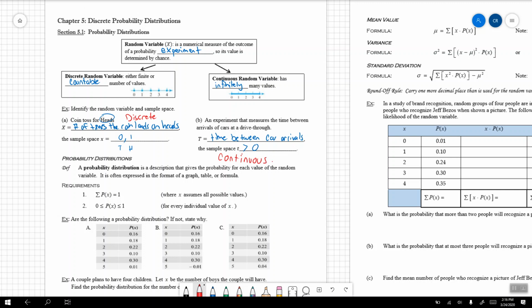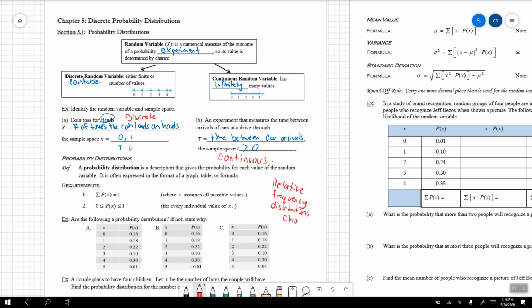Now, looking at the definition for a probability distribution. A probability distribution, as you can see in the definitions here, is just going to be a way to organize the data. My thought here is that you can actually recall these. These are your relative frequency distributions.